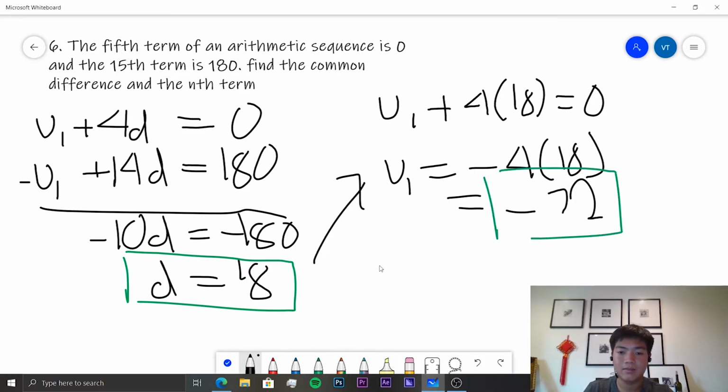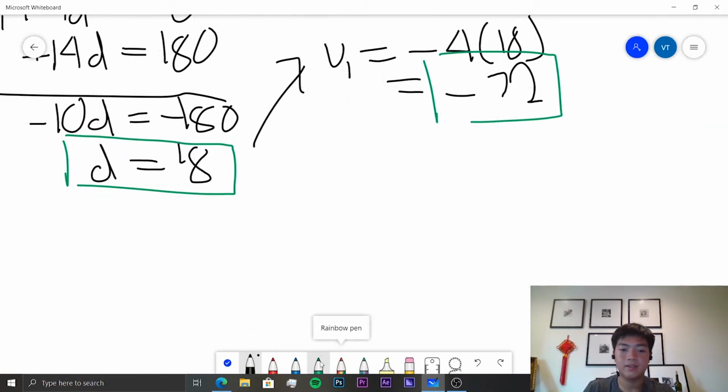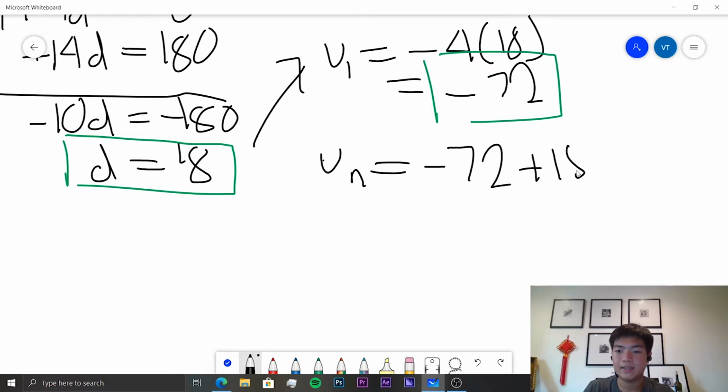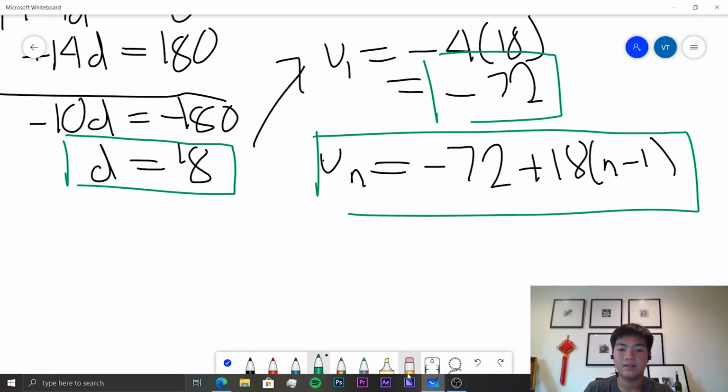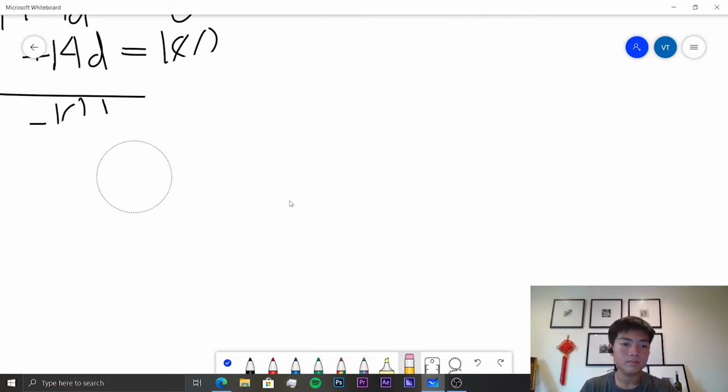So the nth term must be u_n is equal to negative 72 plus 18 times n minus 1. And yeah, got it. Okay, let's move on to the next problem.